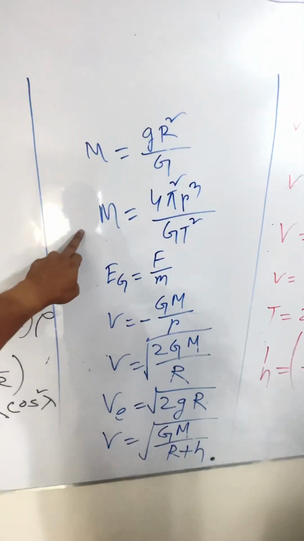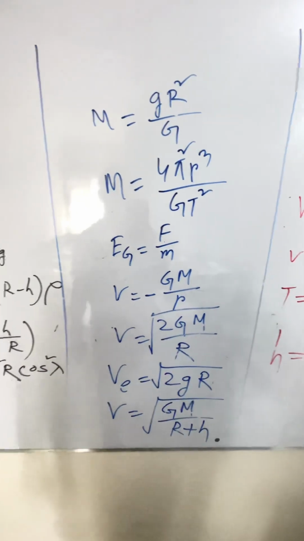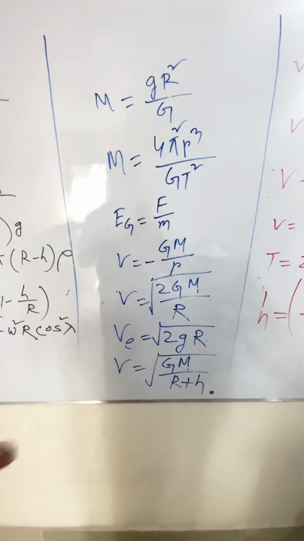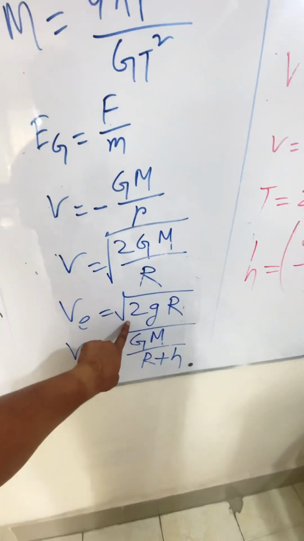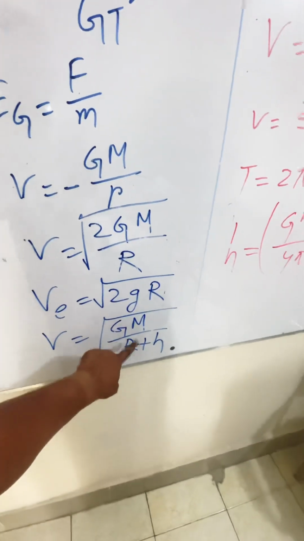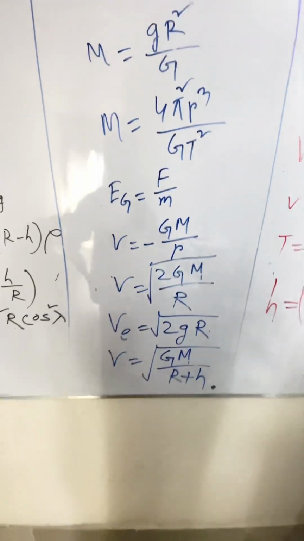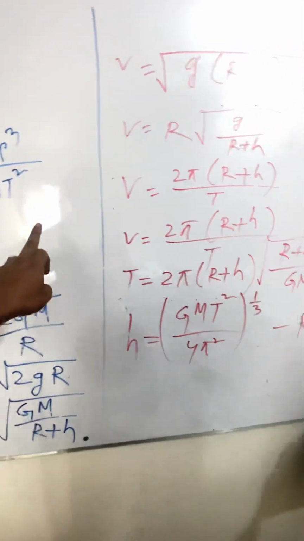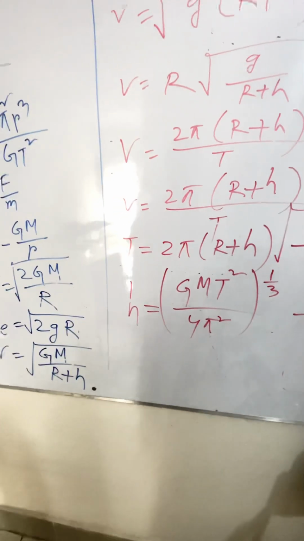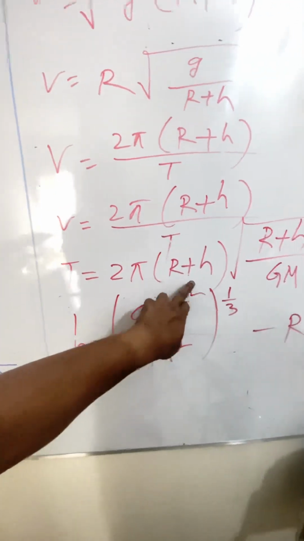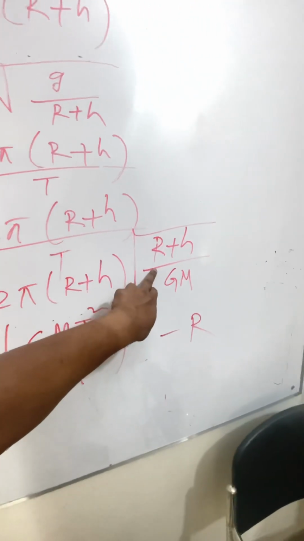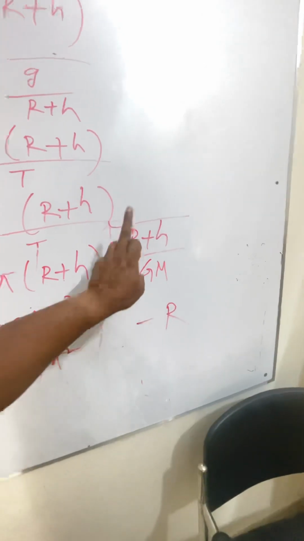And from this row, you may remember v equals root 2gR, v equals root of GM over (R plus h). And from this row, you may remember T equals 2 pi (R plus h) root (R plus h) over GM.